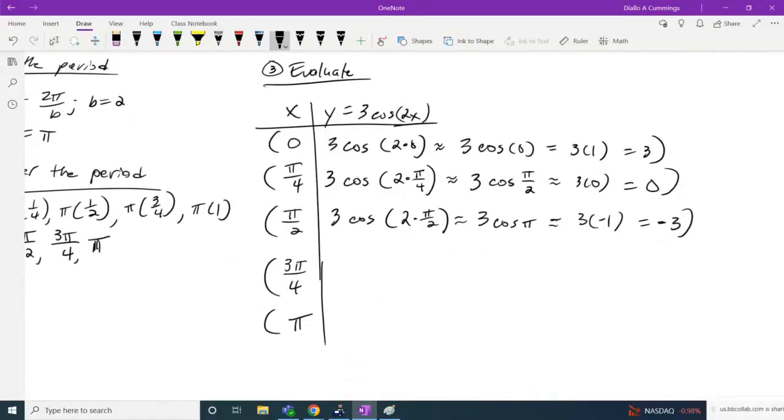So now we're going to substitute in 3 pi over 4 for x. So this is 3 times the cosine of 2 times 3 pi over 4. Okay, 2 times 3 is 6. 6 divided by 4 is 3/2.